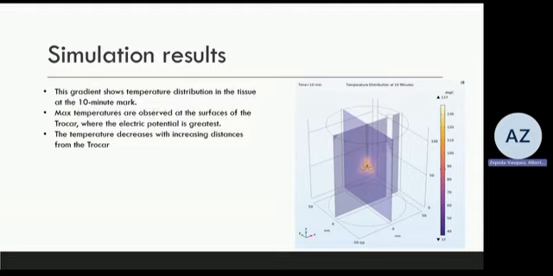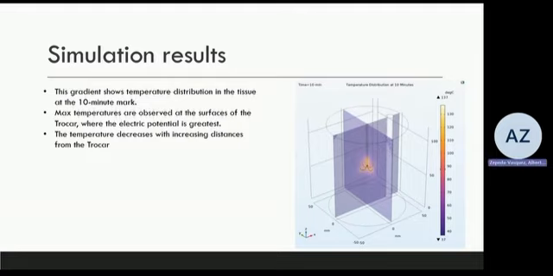The maximum and minimum temperatures observed in the model were documented to be 137 degrees Celsius and 37 degrees Celsius, respectively. Even though the maximum temperature was above the ideal temperature of hyperthermia, which Osama discussed to be around 40 to 45 degrees Celsius, it does serve to illustrate the critical effects of temperature while undergoing hyperthermia treatment.